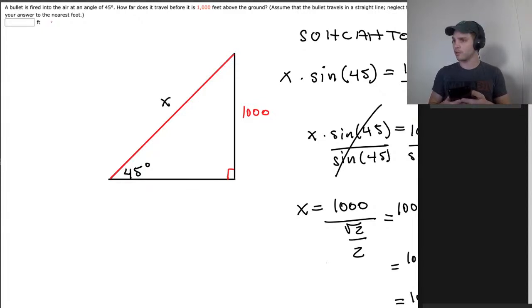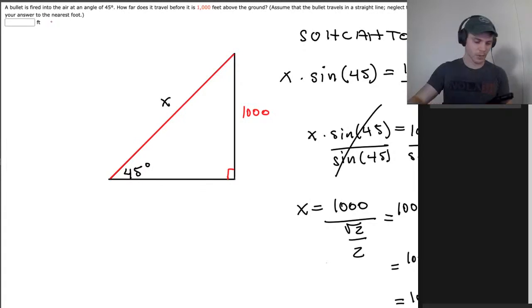And I've put this thing into degree mode. So I'm going to actually enter the sine of 45, right? So I'm going to do 1,000 divided by the sine of 45 degrees. Sine. Let's try it. Okay, yeah, so that worked out.